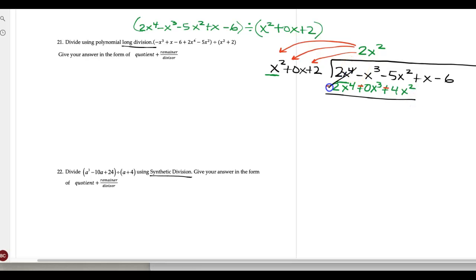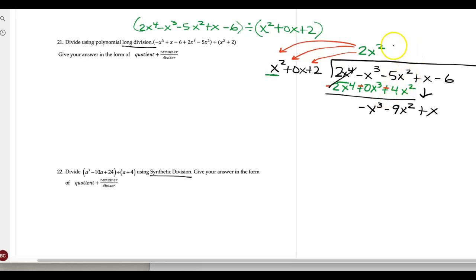Well, that's gone, which is what I was trying to make happen, so that's good. Then here, negative x to the 3rd minus 0x to the 3rd is still negative x to the 3rd. Negative 5x squared minus 4x squared is negative 9x squared. And now I need to bring down the next term, so plus x. And then I'm going to start this over again.